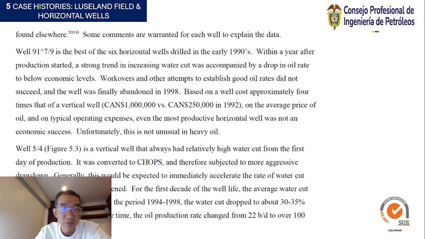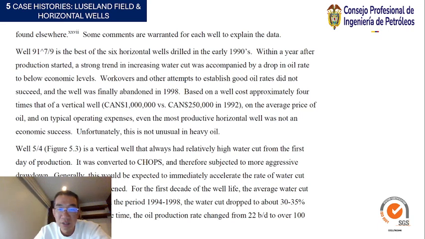Well 5.4, Figure 5.3, is a vertical well that always had relatively high water cut from the first day of production. It was converted to CHOPS and therefore subjected to more aggressive drawdown. Generally, this would be expected to immediately accelerate the rate of water cut increase, but the opposite happened.